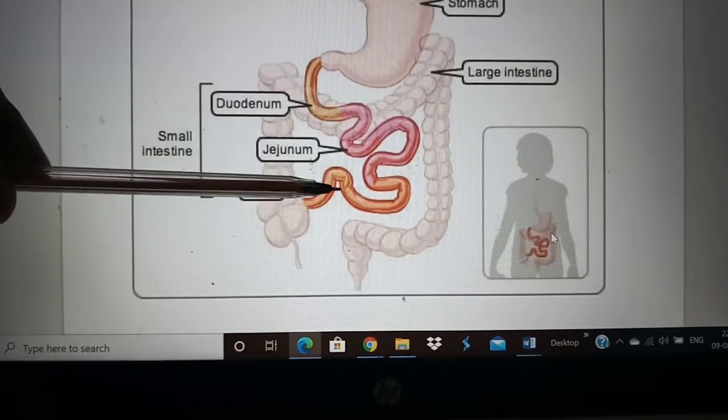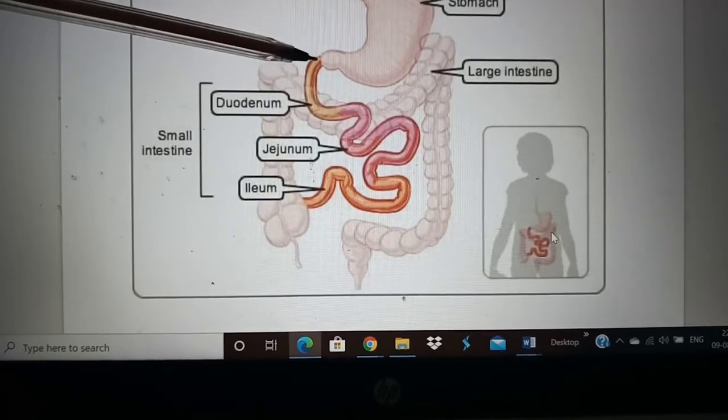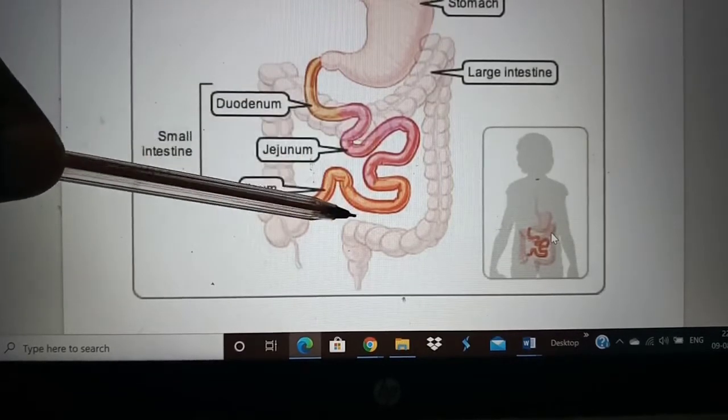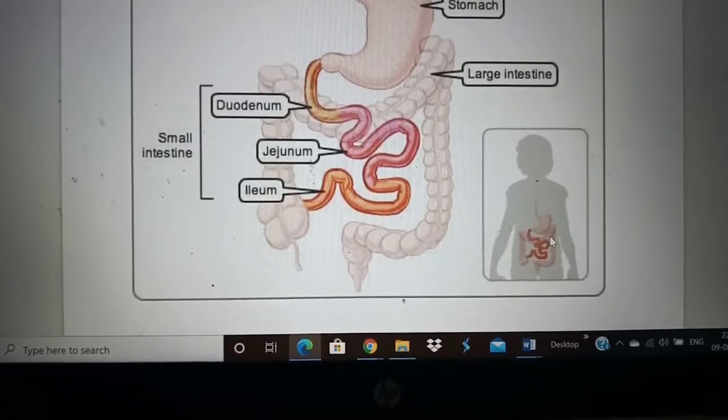Its length is between 3 meters to 5 meters and the diameter is 2.5 to 3 centimeter or 1 inch. The small intestine begins at the pyloric sphincter of the stomach. It coils through the central and the inferior part of the abdominal cavity and opens into the large intestine.